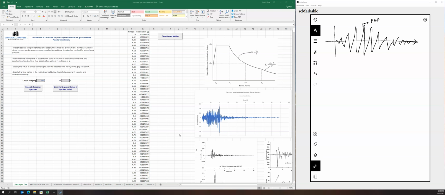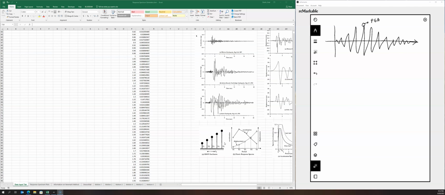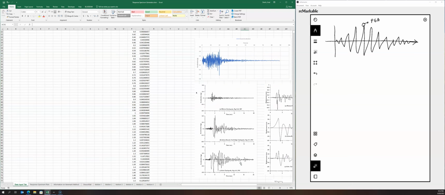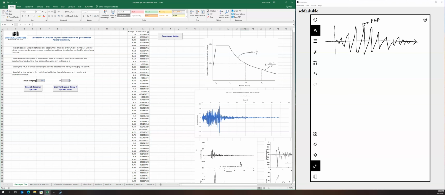Versus if it's a very hard soil, again at the same source distance, then a relatively shorter building is going to be impacted more, because that softer soil reduces, not the intensity of shaking, but the frequency of shaking. So the soil itself filters the shaking that's coming in, and now the building that's sitting on top of that soil is exposed to that modified intensity, right? So that's how natural characteristics play.